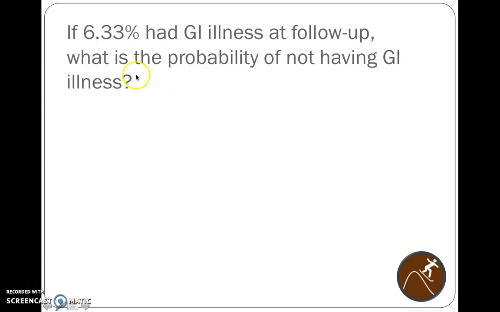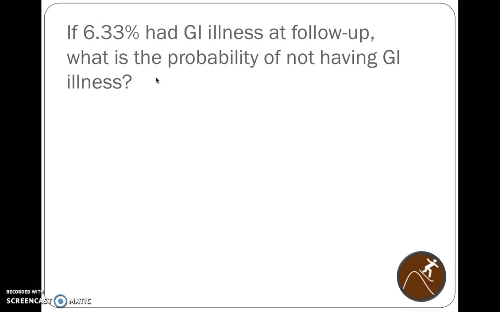So if 6.33% had GI illness at follow-up, just using our general rule that we had before, what's the probability of not having GI illness? So if your risk of GI illness, if you were a swimmer, was 6.33% at follow-up, what would be your probability of not having it?